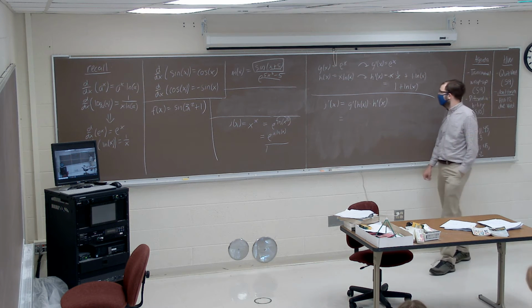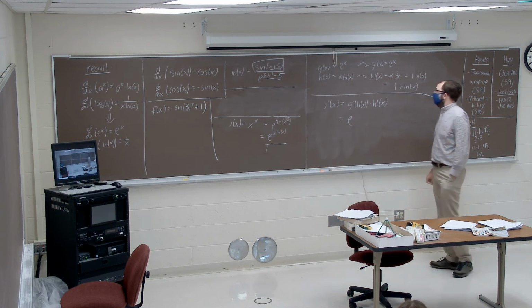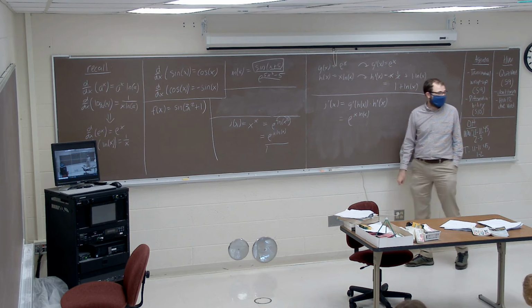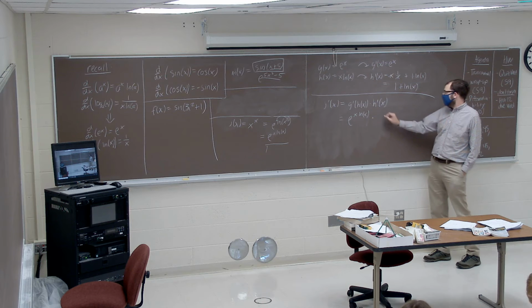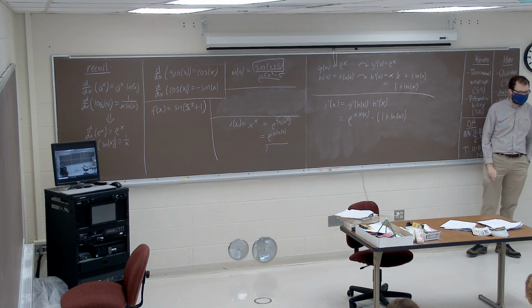It would just be e to the x ln x. E to the power of x natural log x? Like that? And then multiplied by h prime of x will give us a 1 plus natural log of x.